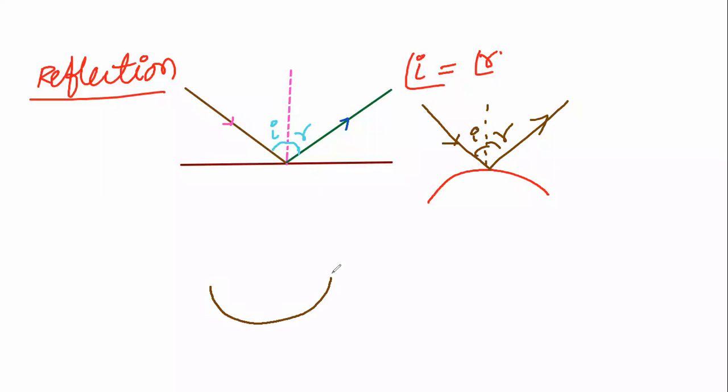If you take a concave surface, for the concave surface also, this is the incident ray and this is the reflected ray. Angle of incidence, angle of reflection. This is for reflection.